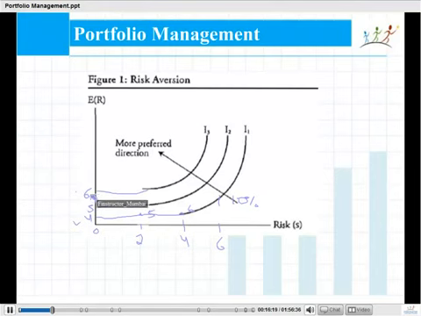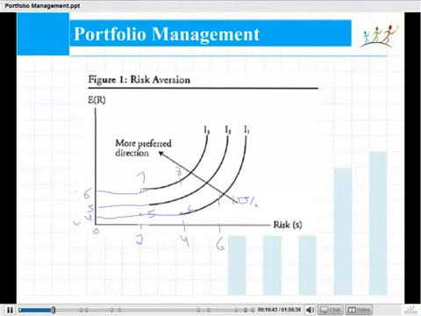If the risk-free rate is 6%, that is for taking no risk, I am getting a return of 6%. Then for taking 2 units of risk, I will demand at least 7% return. For taking 4 units of risk, I will demand at least 8% return.